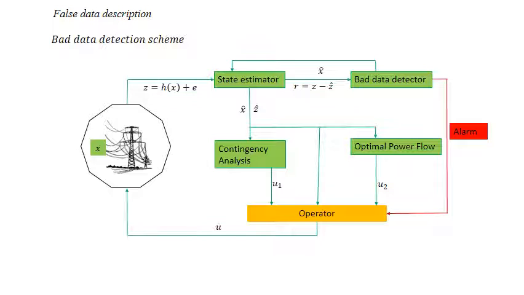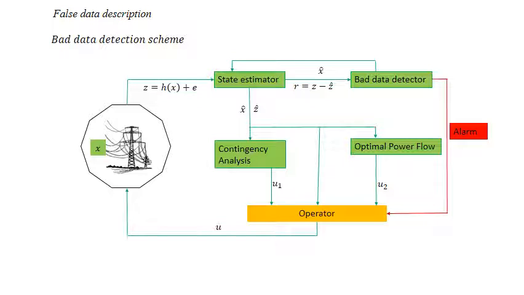So we have all these measurements fed into the state estimator, which runs an estimation based on weighted least squares, done iteratively through the Gauss-Newton algorithm, and gives us a state estimate.